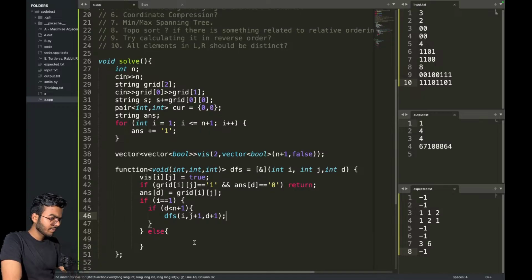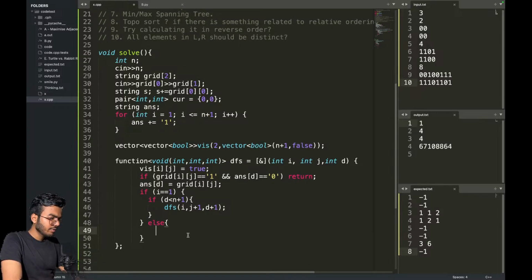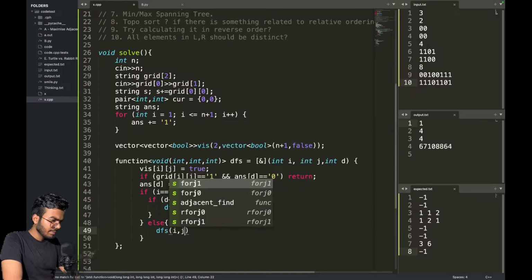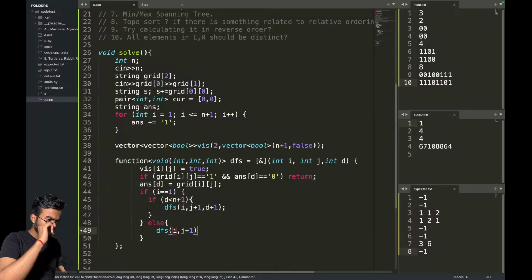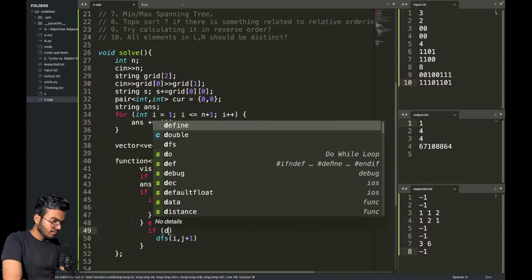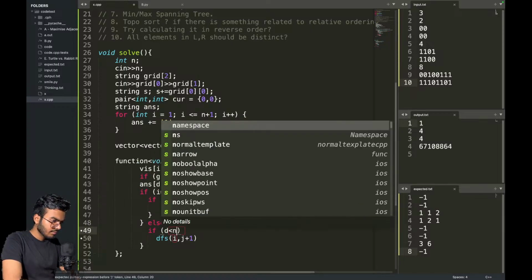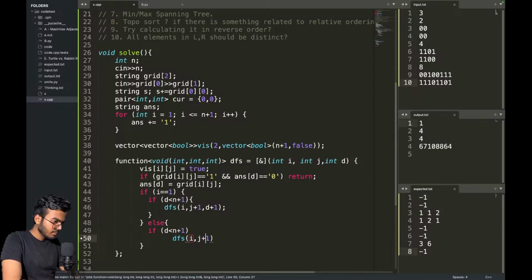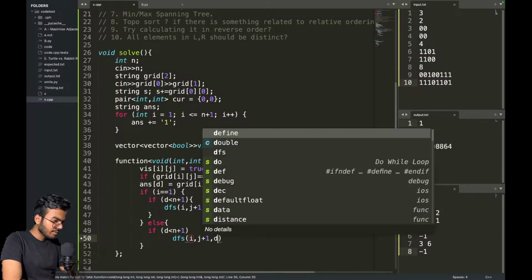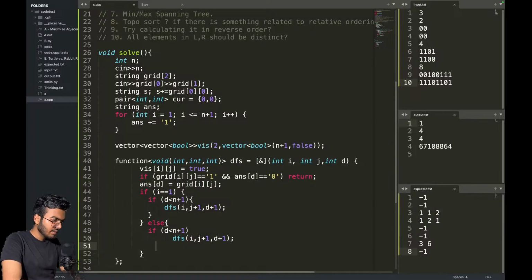Otherwise, I will try to go both directions. Let's say DFS i comma j plus 1. This is also conditional, like i plus 1 comma j plus 1 and d plus 1.